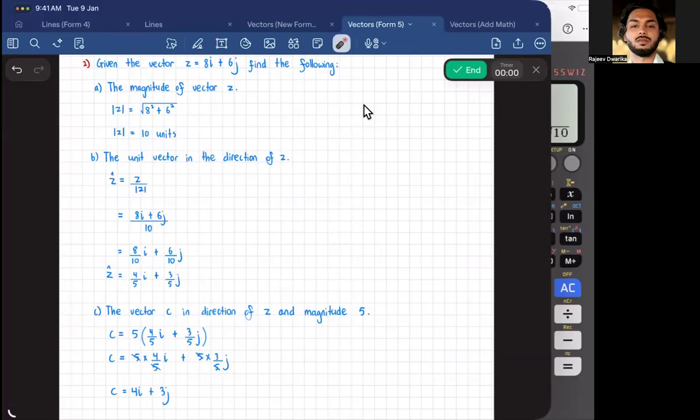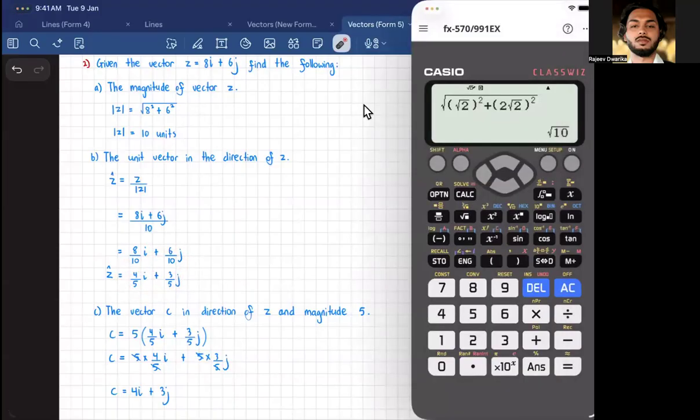If I find the magnitude of this, watch: 4 over 5 squared plus 3 over 5 squared. When I press equal, what do you think I'm supposed to get? It's a unit vector, so one. Yeah, I get 1.